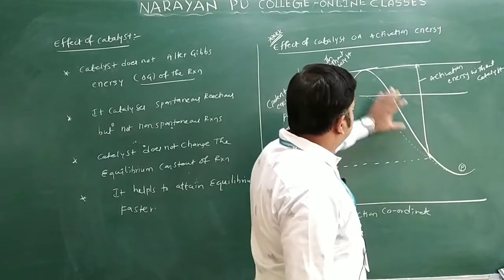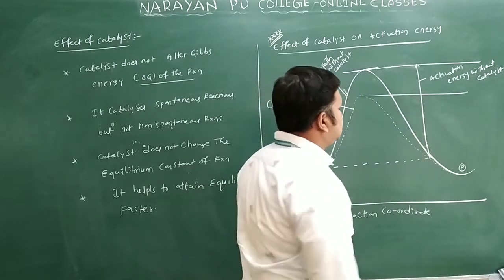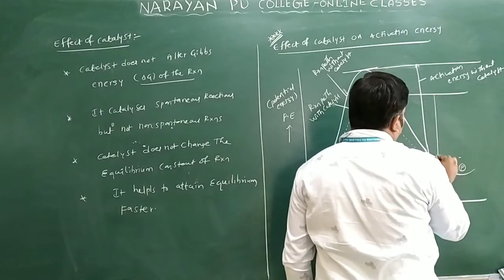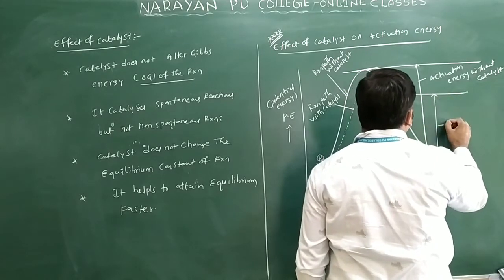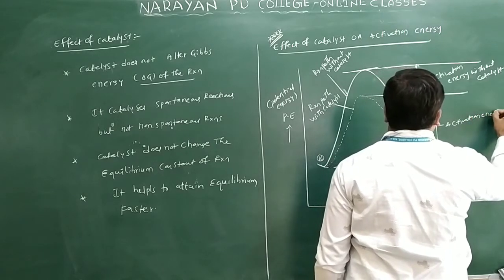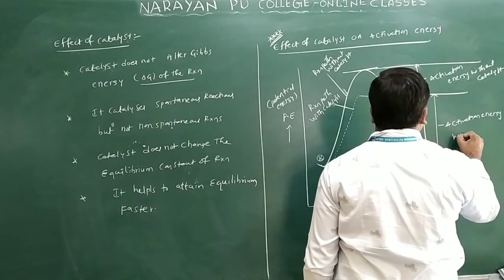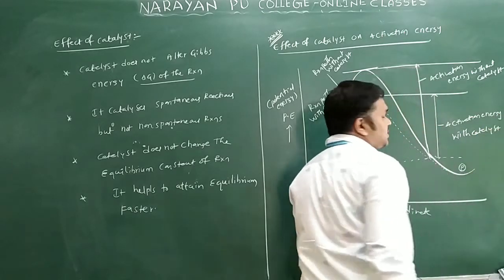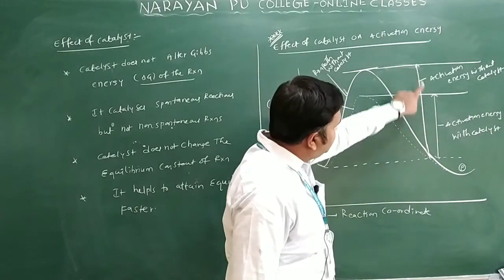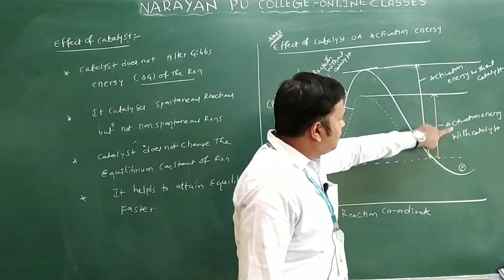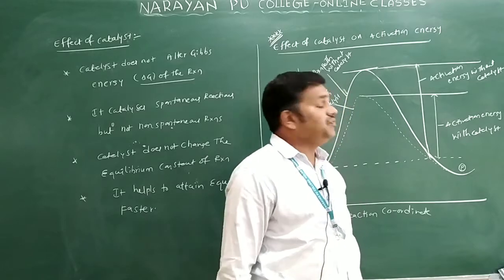From here to here, this is the activation energy without catalyst. If you extend it like this, now you see this path here. What is this? This is the activation energy with the catalyst. So the first path, from here to here, is the activation energy without catalyst. From here to here, this is the activation energy with catalyst.